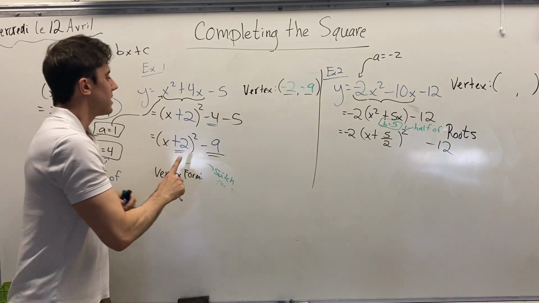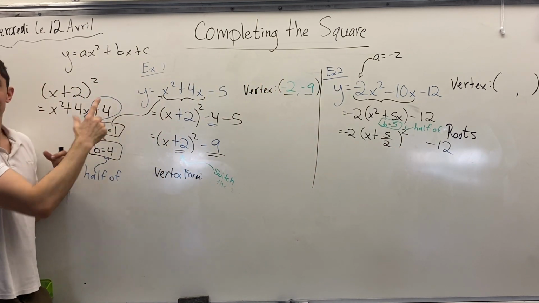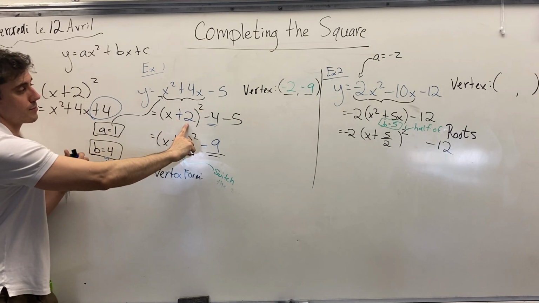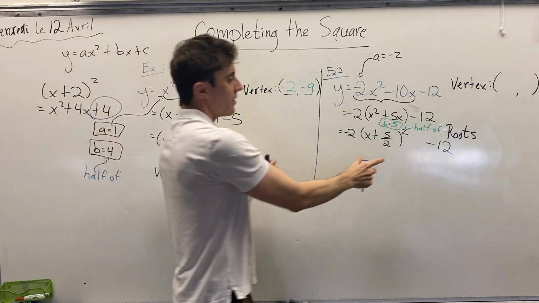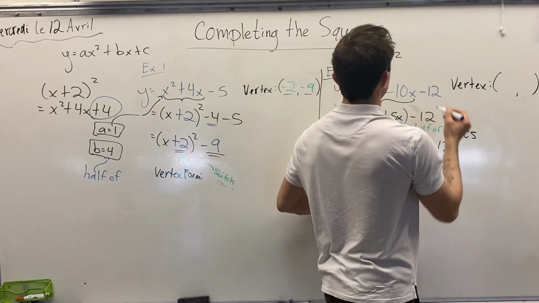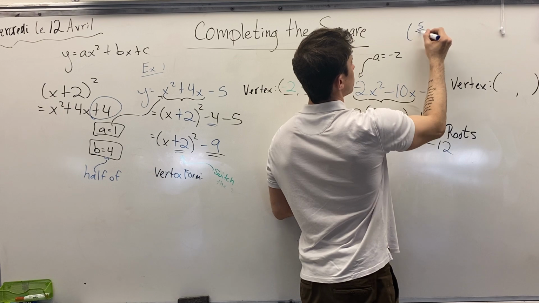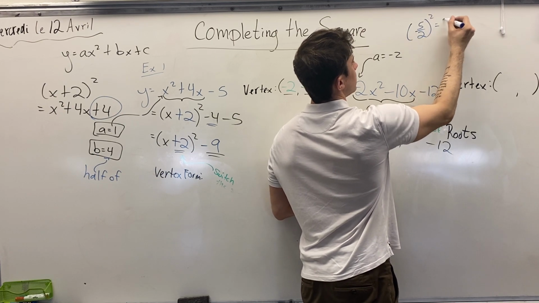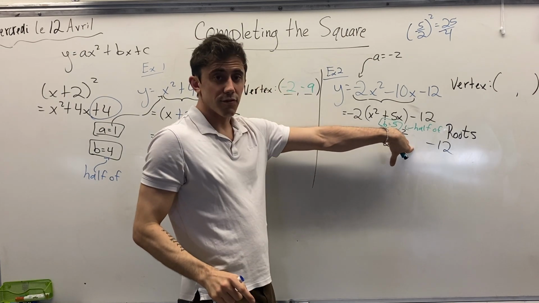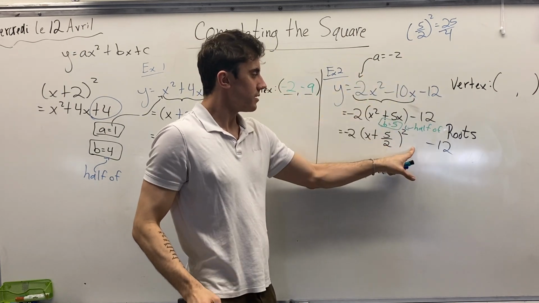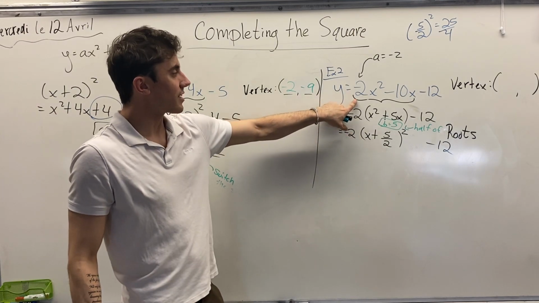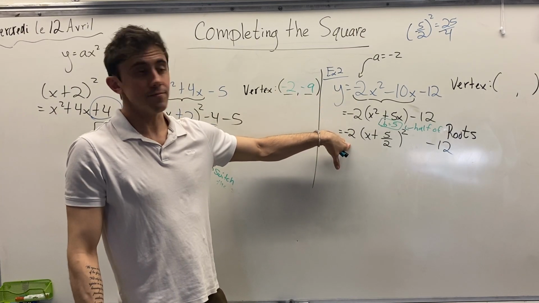You might notice that the plus 4 is simply a result of having 2 squared, right? That positive 2 squared. And so if we do the same kind of thing over here, 5 over 2 squared, I'll remind you, is 25 fourths. But that 25 fourths, we can't just subtract it because it's being multiplied out front by the negative 2 that we factored out at the very beginning, okay?